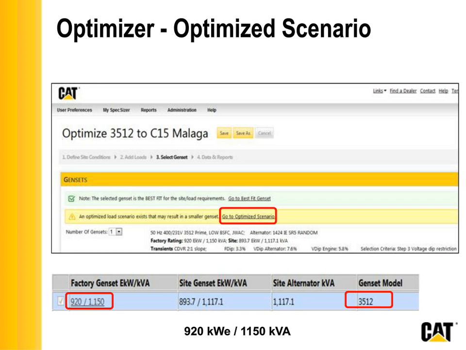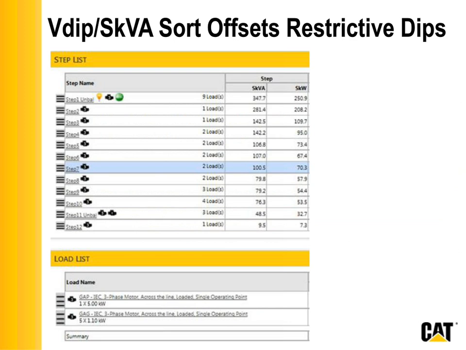Now, simply by running the optimizer, which takes you back to the Add Loads page and resequences your load scenario, we were able to downsize the genset. So here is an image of what it looks like to go back to the Add Loads page. Originally, the load scenario for the sizing file was 4 load steps. The optimizer ran and resequenced the sizing file to 12 load steps.